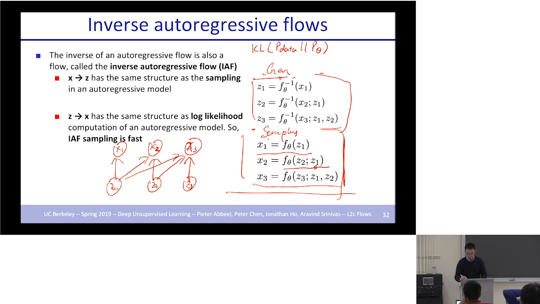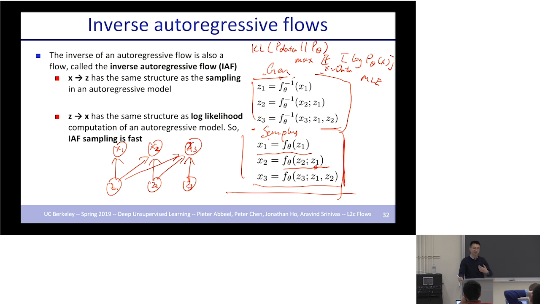The way you do that is you take a bunch of data sampled from the data distribution and maximize the log likelihood under my model. So this is MLE. Basically, all you do in maximum likelihood is likelihood evaluation.